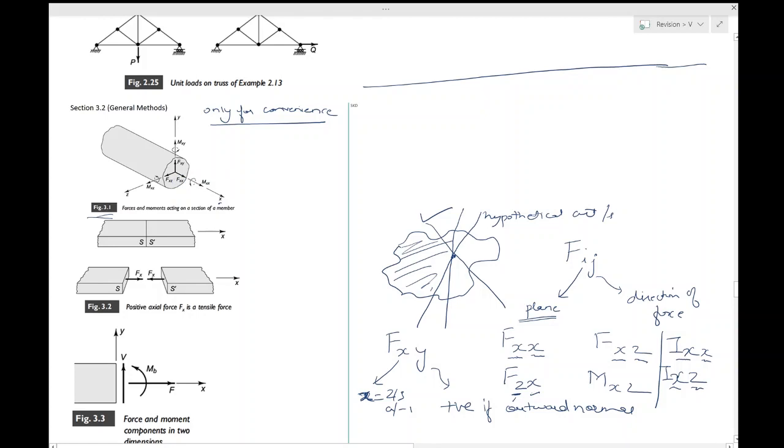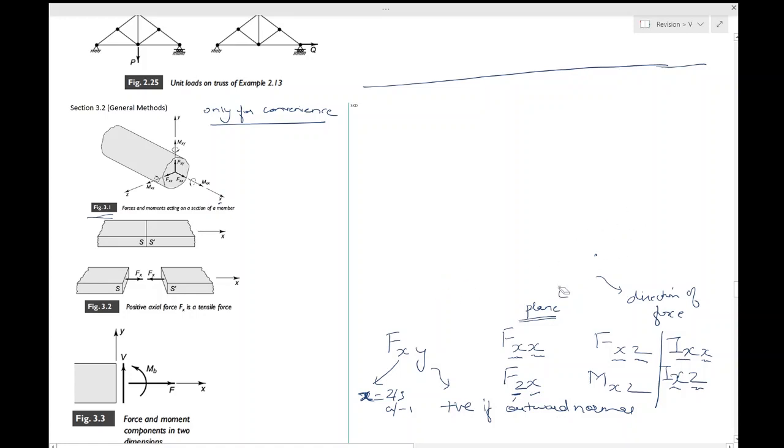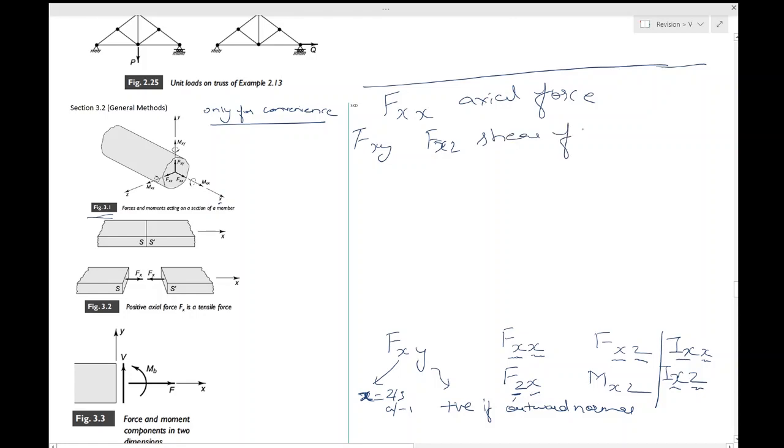For example, in this particular case, fxx is the axial force. fxy, fxz is called the shear force. Okay, and mxx is called the twisting moment.